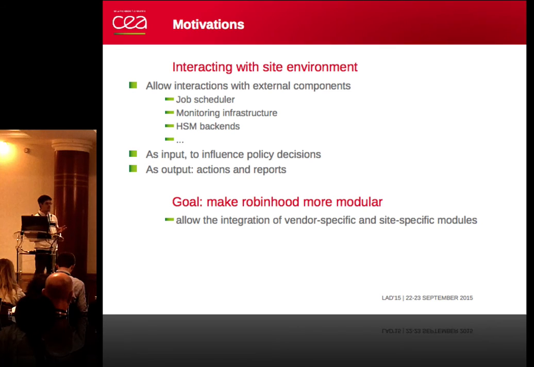An idea in this V3 design is also to have Robinhood modular with a kind of plugin system, so that you can have plugins for binding it with your job scheduler, or add a module to bind it with your specific HSM backend. So the goal is to allow vendors to provide separate packages and install them together with Robinhood to enable it to handle such things.